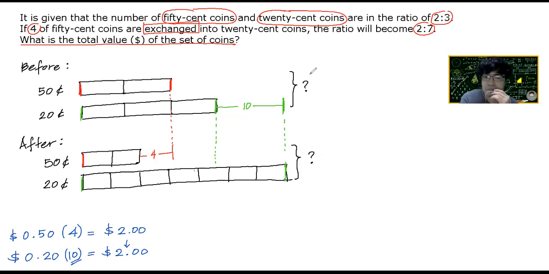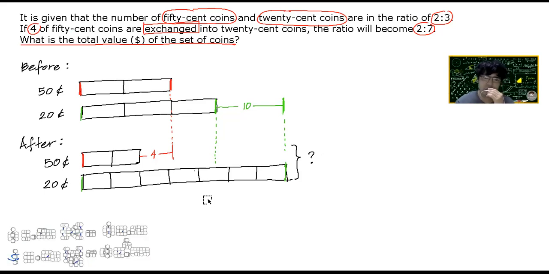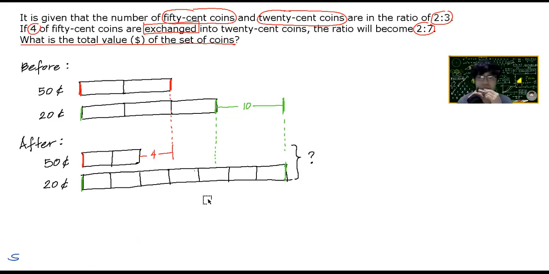You may use the before or the after, it doesn't matter. But in my case, what I want to use is the after. So let me erase this given since we already proved that it will become 10 pieces of 20-cent coins. It's still the same as $2.